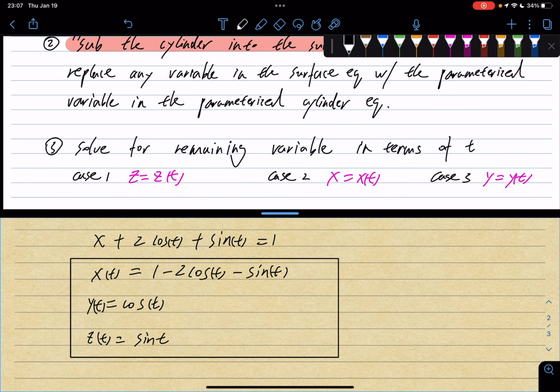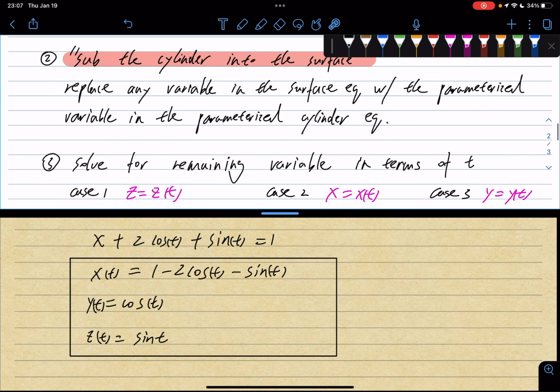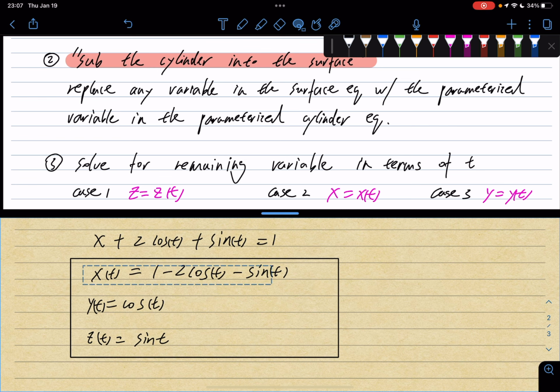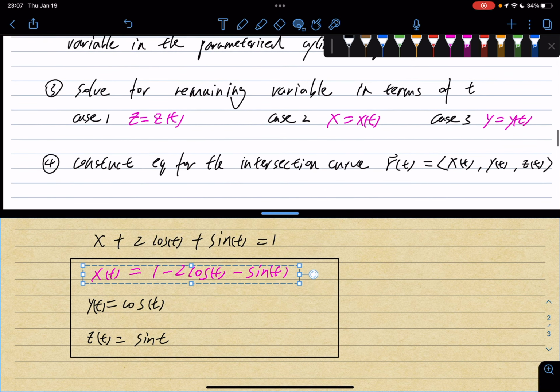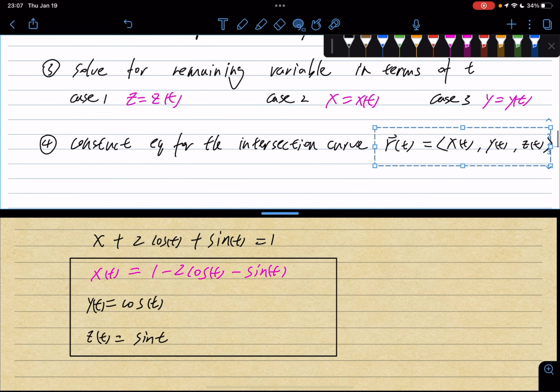We mentioned three cases, and we're just talking about case 2. So we solved for x of t right here. I'm going to label it in pink as well. Then we construct the equation of the curve, r of t equals this.